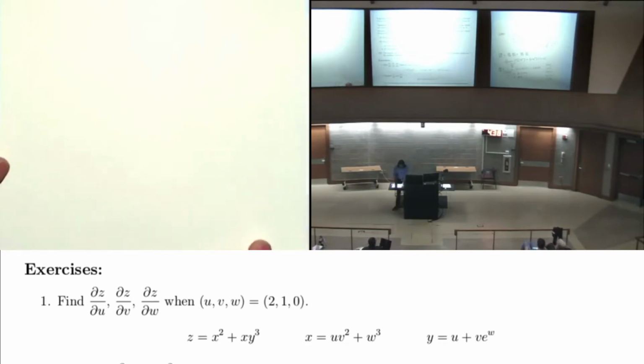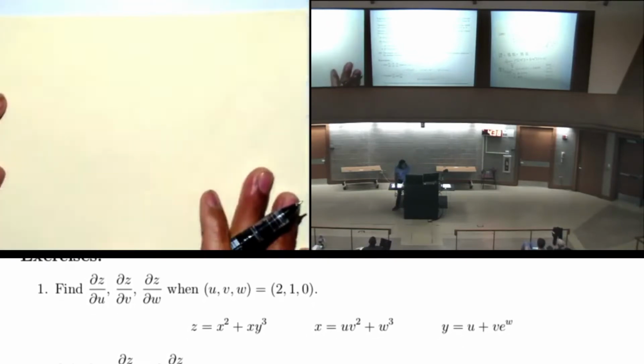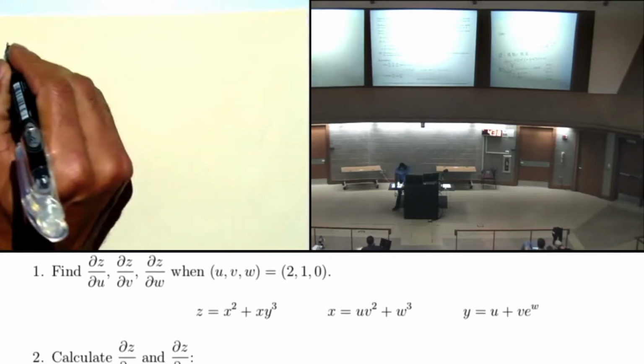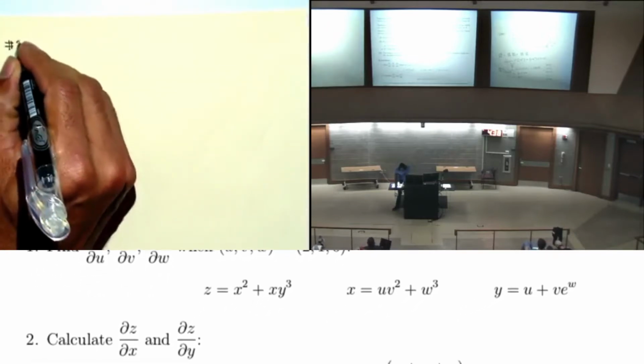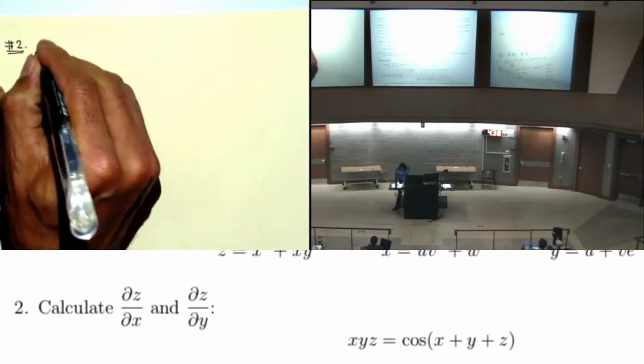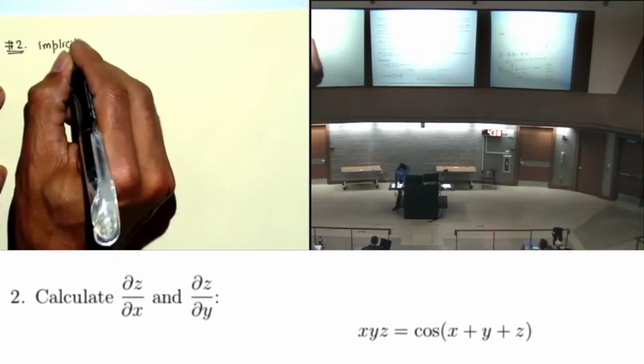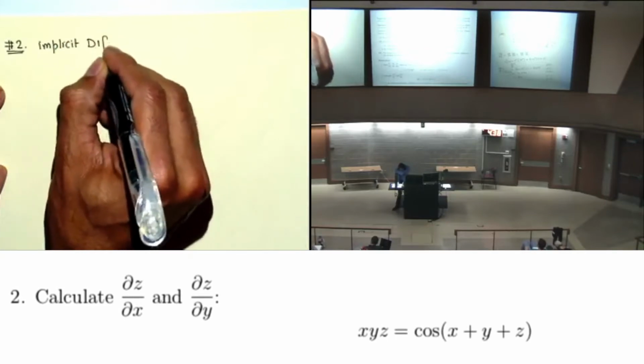Okay, one more question. This is also related with chain, but this is called implicit differentiation. So number 2. This is implicit relation. Implicit differentiation.